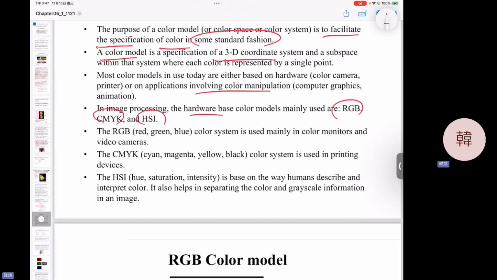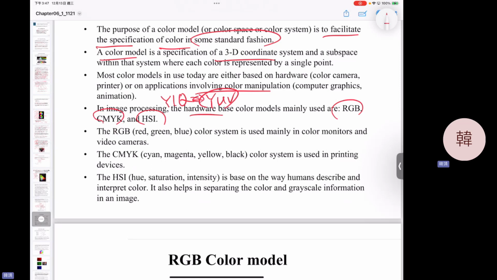So now you know the most popular system is RGB for your light source, CMYK for your printing device, HSI for your communication. Okay, actually in your TV we use YIQ. So it's a different color model system. And maybe you also heard about YUV.